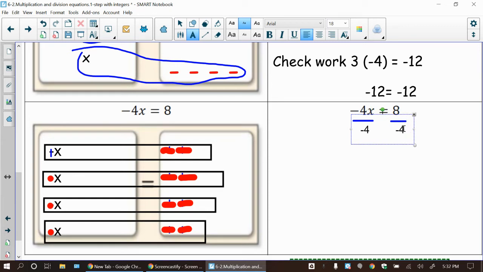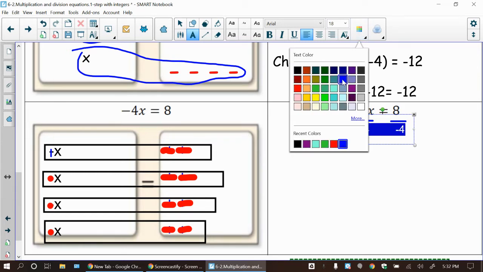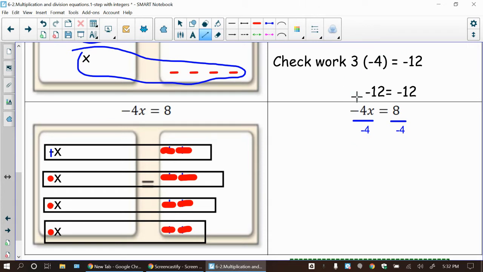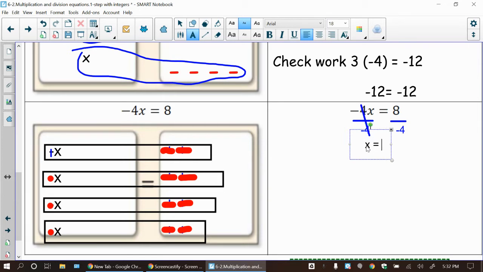That makes this actually cancel out because a negative 4 divided by a negative 4, we know, makes 1. So those cancel. That's the whole purpose of it. So then all that's left is to take my x equals and divide 8 by negative 4, which gives me a negative 2.